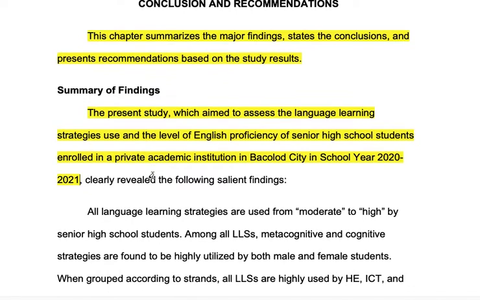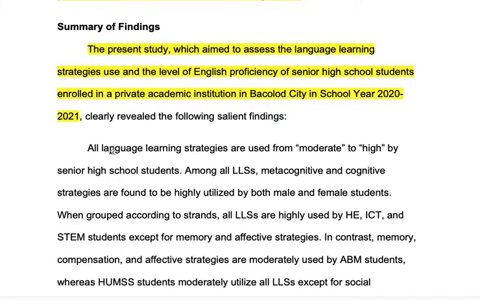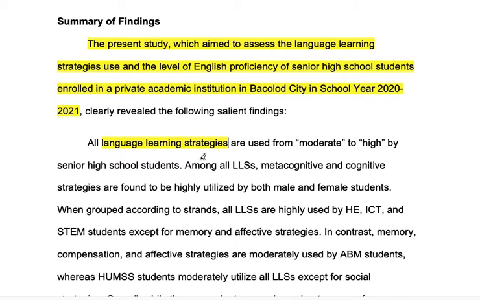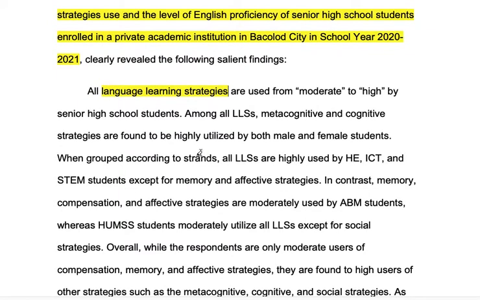Next, okay, so based on your results, the first variable is again language learning strategies. So based on your results, as you have written in your results and discussion portion, summarize the findings for the first variable, language learning strategies.